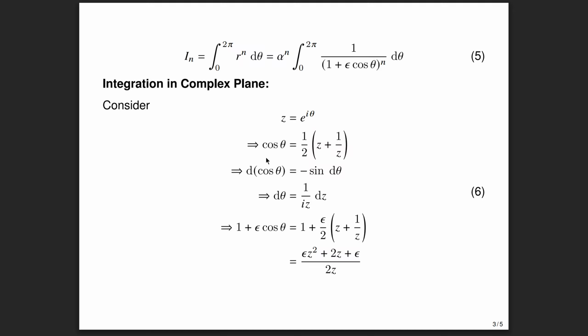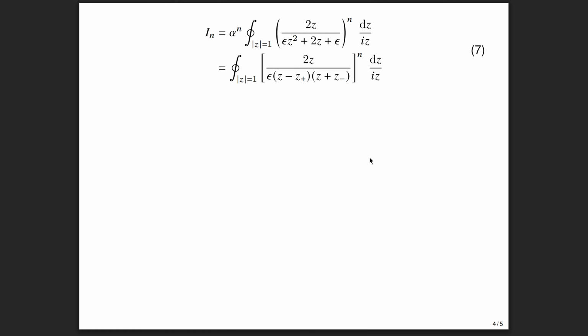From here we can easily calculate cosine of theta and d theta, I mean everything in the integrand in terms of complex numbers. So we will substitute d theta and this expression in equation number 5, and we get In in terms of z.